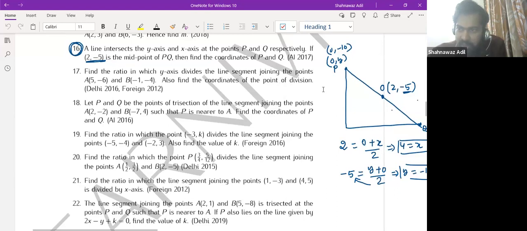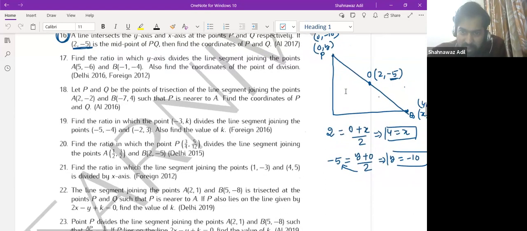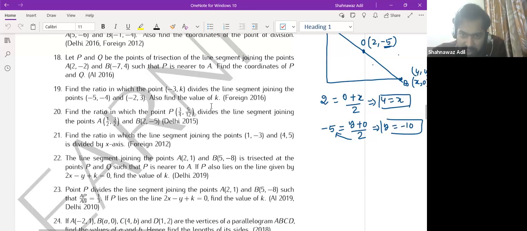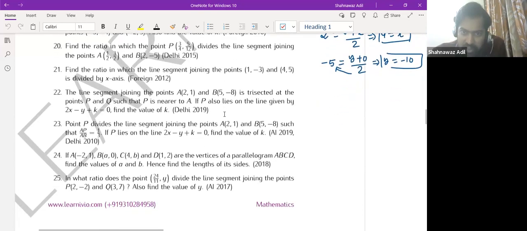Yeah, 16th one, right? So let's say if we have not find the ratio, find exact the line segment divided is trisected at the point such that we get a... We have just started, right?